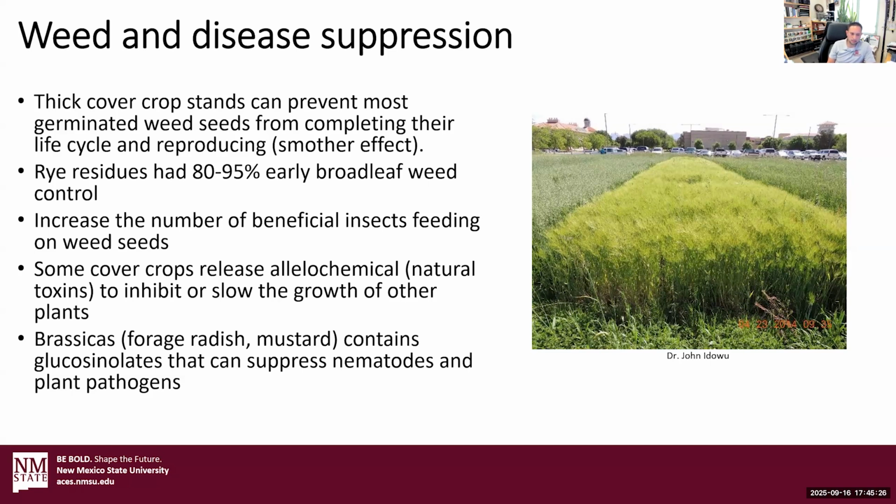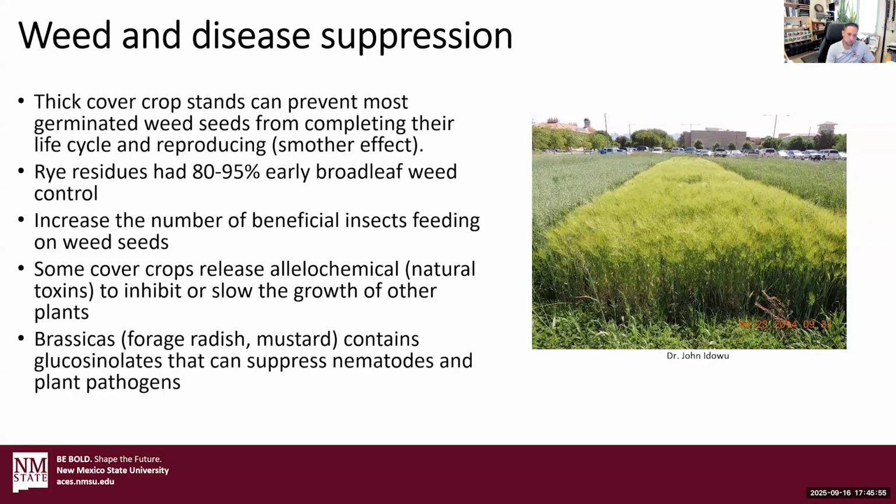But we're also looking at plant pathogens, and some of these plant pathogens develop overwintering structures, and they're able to survive year on year in the soil because of these overwintering structures. And so some of our plant pathologists here on campus are using mustards, growing them out as a cover crop, and then tilling them into the soil.